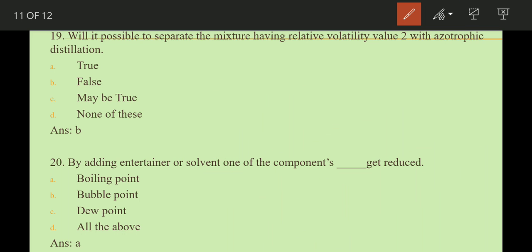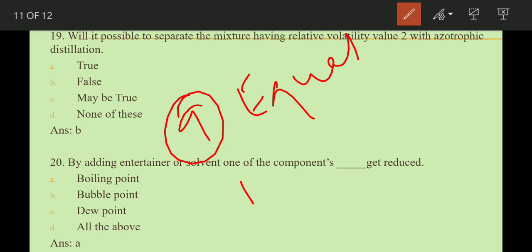Now the next question is, in steam distillation, the sum of the vapor pressure of the volatile components and water is related to atmospheric pressure in one of the following ways. Option A, they are equal. Option B, exactly half.